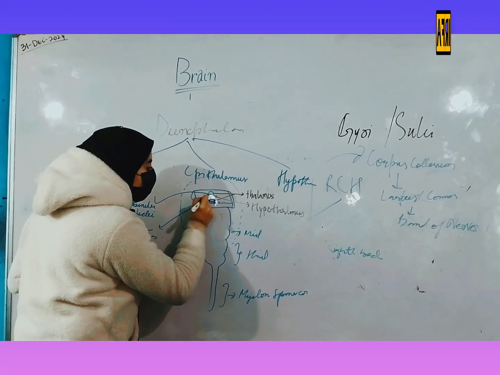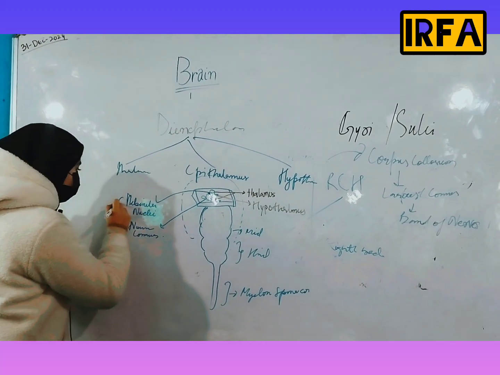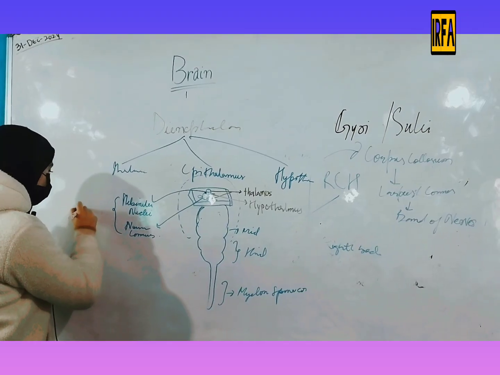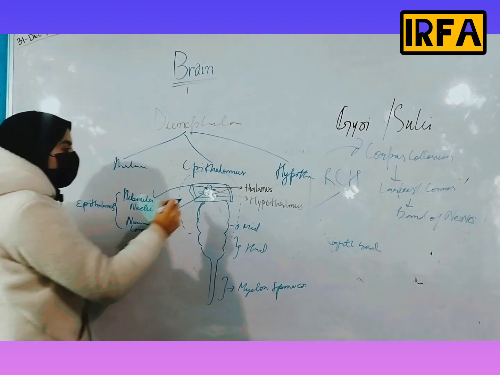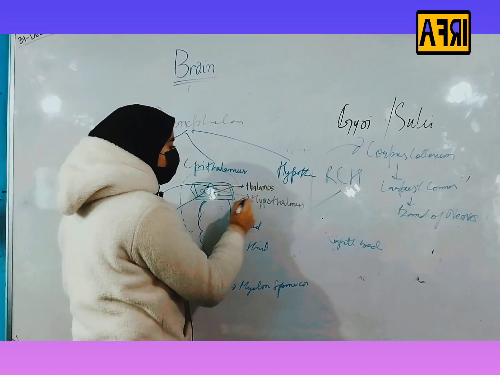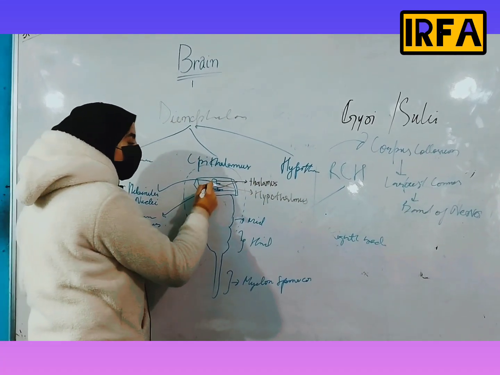And here is also the pineal gland. This makes the epithalamus. Now, this is epithalamus, thalamus, and hypothalamus. Here is the pineal gland.